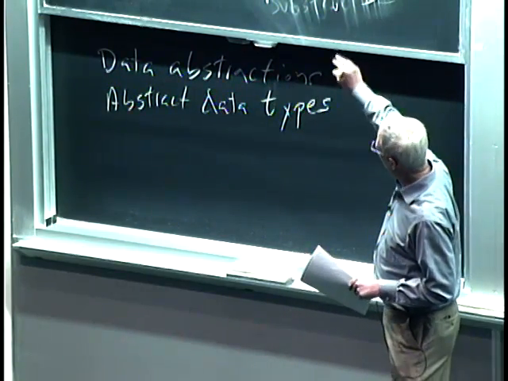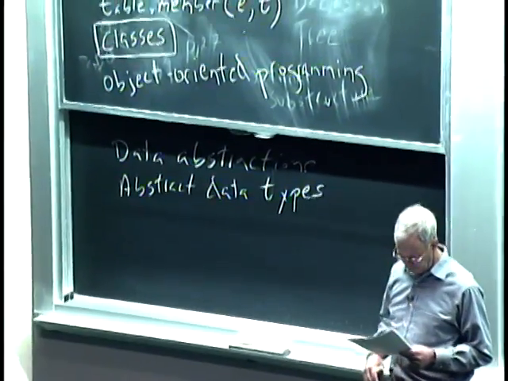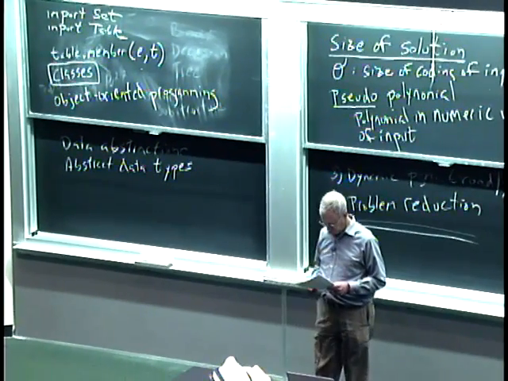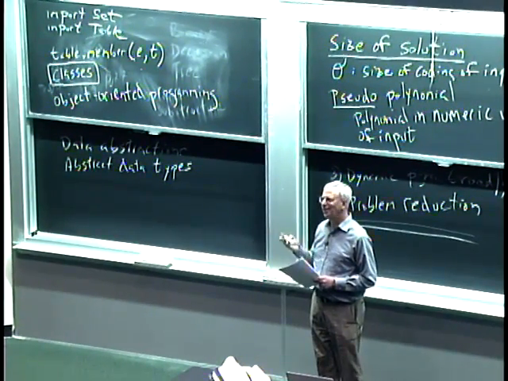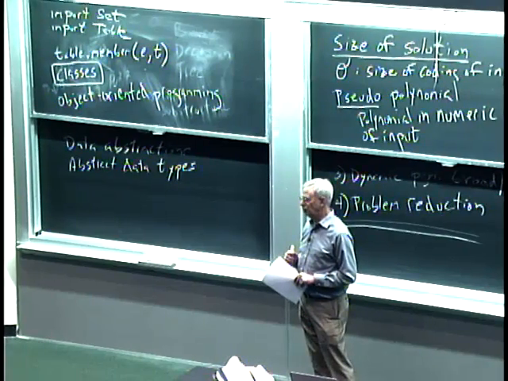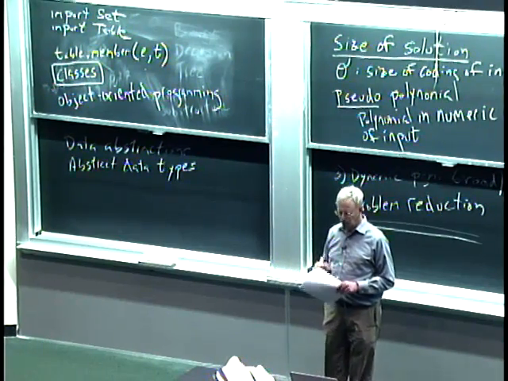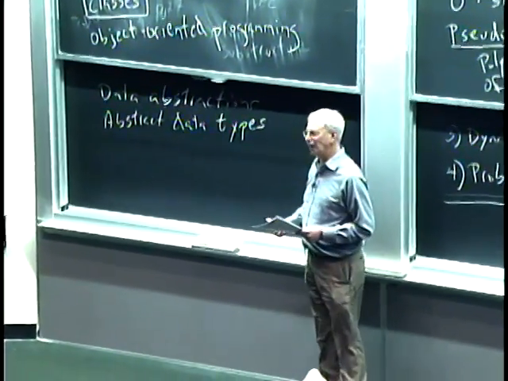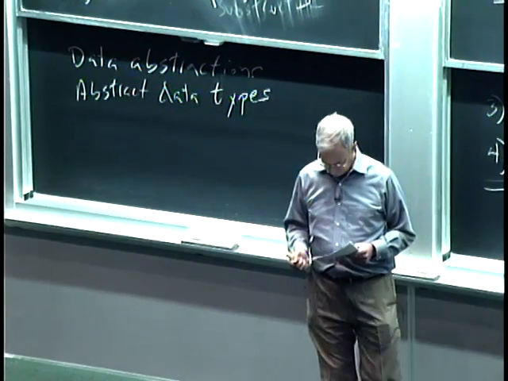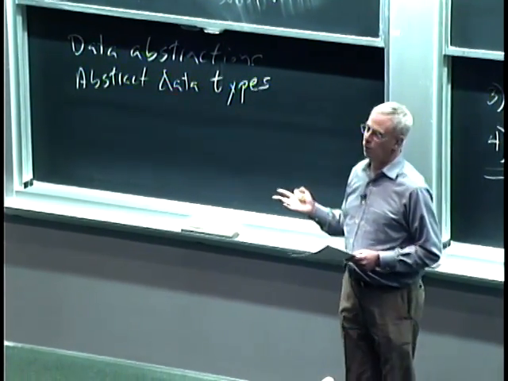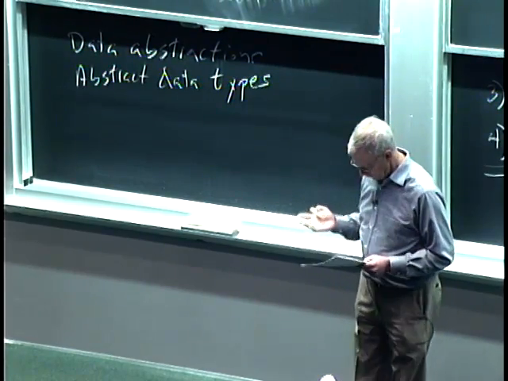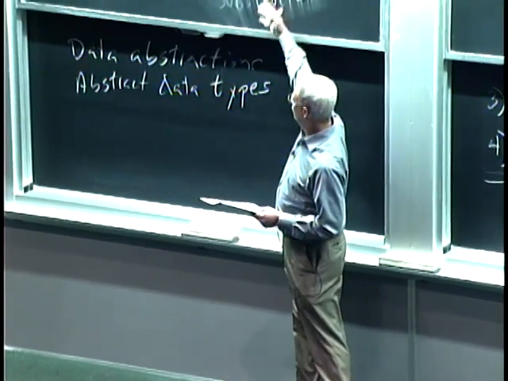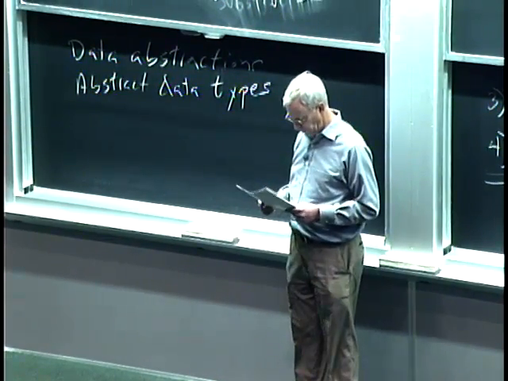Now, these ideas of classes, object-oriented programming, data abstraction are about 40 years old. They're not new ideas, but they've only been really widely accepted in practice for 10 to 15 years. It was in the mid-70s that people began to write articles advocating this style of programming and actually building programming languages, notably Smalltalk and CLU at MIT, in fact, that provided linguistic support for the ideas of data abstraction and object-oriented programming.